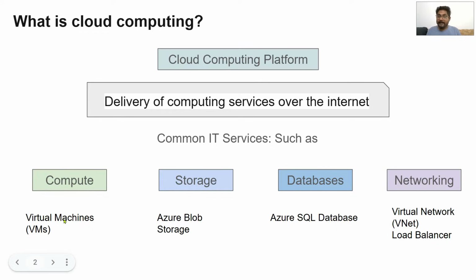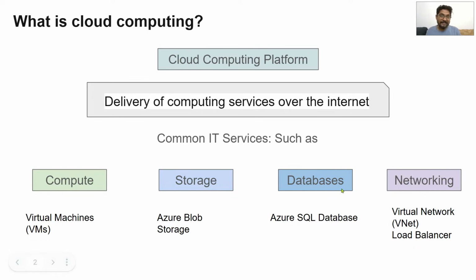Let's say I need a virtual machine, I need some storage solutions, I need a SQL database, Azure SQL database, I need some virtual network VNet solutions, a load balancer. All of this is delivered through the internet. Delivery of computing services over the internet is known as cloud computing.